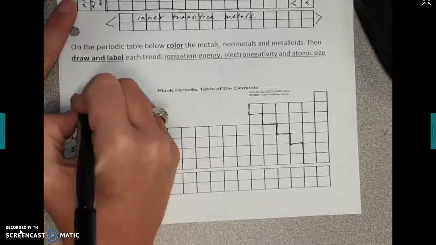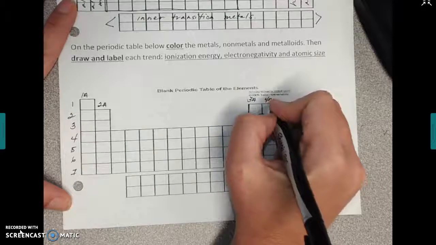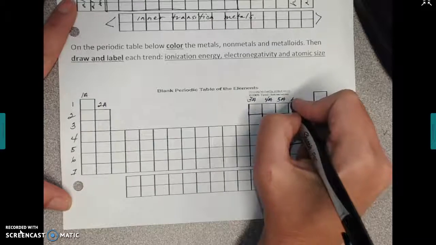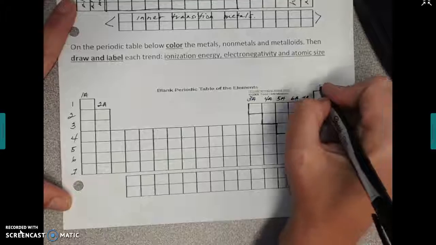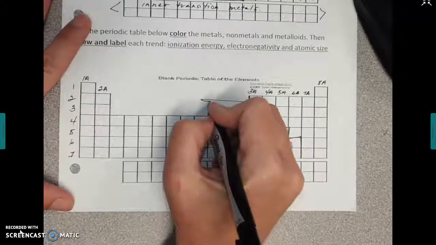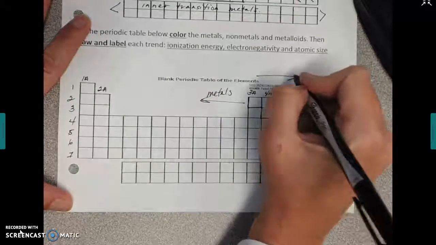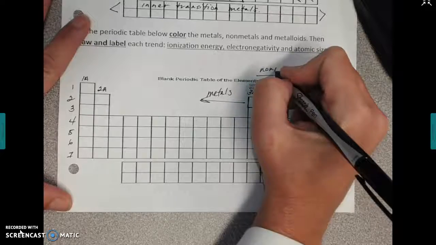Get in the habit of always doing that, that way we have reference points. So everything to the left of the zigzag line are metals. Everything to the right of the zigzag line are nonmetals.